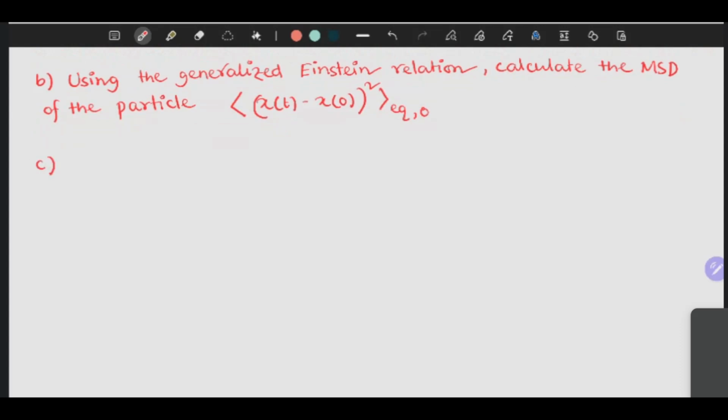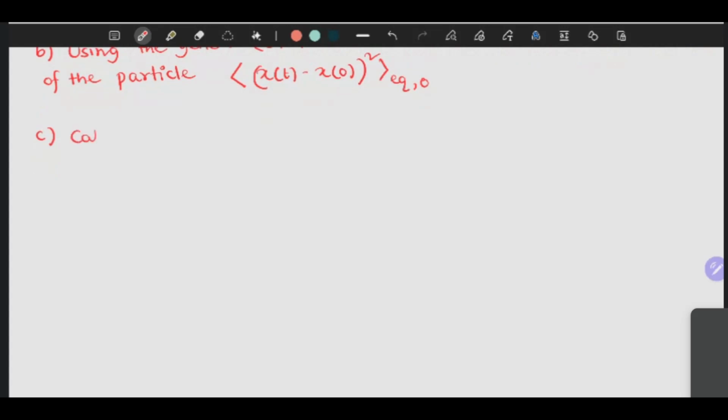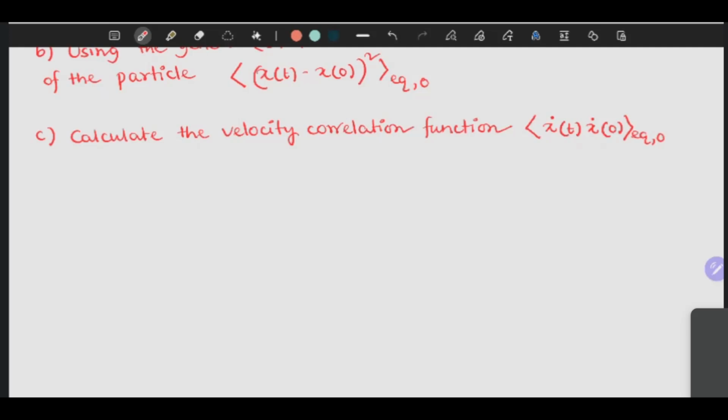And calculate the velocity correlation function x dot t, x dot 0 at equilibrium. Okay, so let's do this.